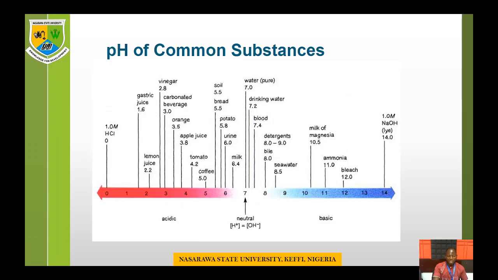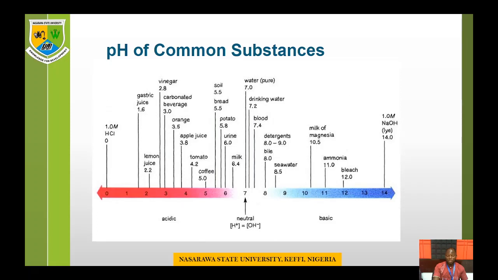1 molar HCl has a pH of 0. Gastric juice has a pH of 1.6. Lemon juice has a pH of 2.2. Vinegar has a pH of 2.8. Carbonated beverage has a pH of 3.0. Orange has a pH of 3.5. Apple juice has a pH of 3.8.